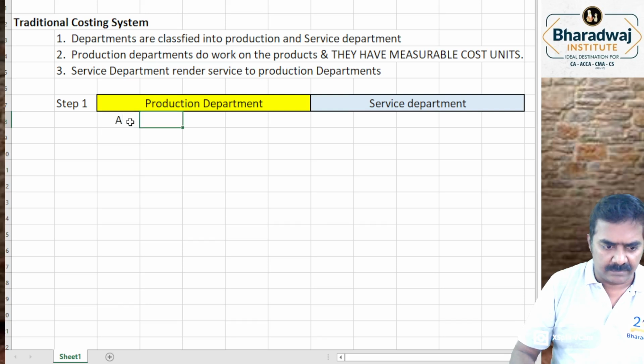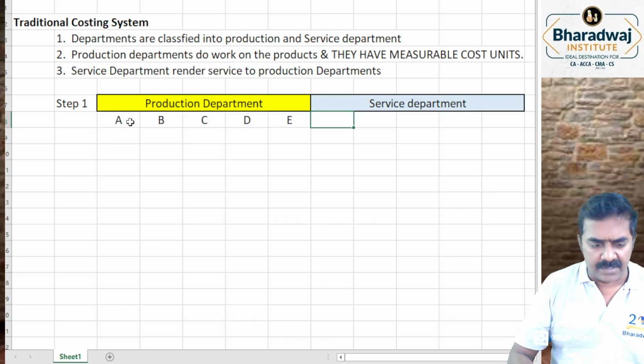Take an example so that it is better. There can be 2 departments, 5 departments, 6 departments and the money.